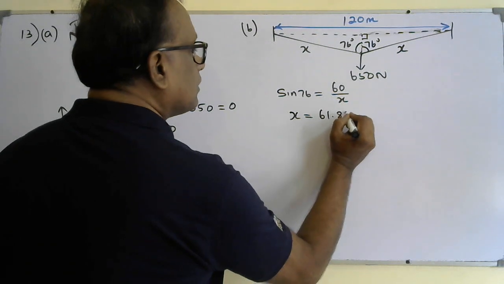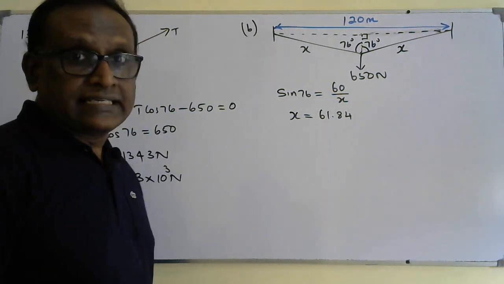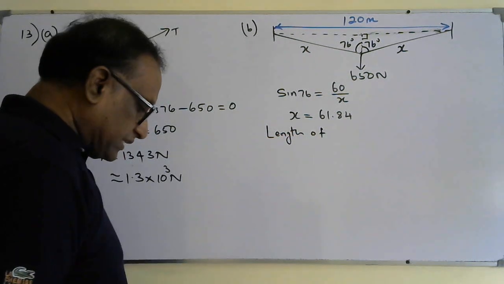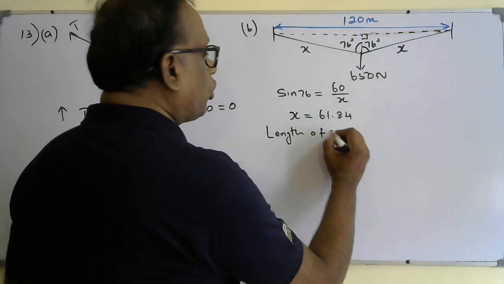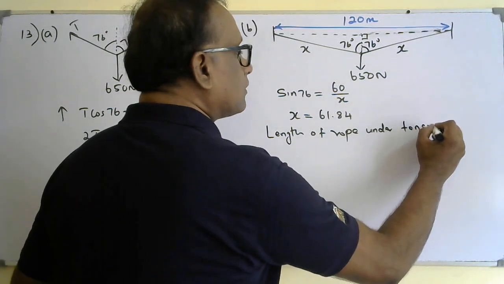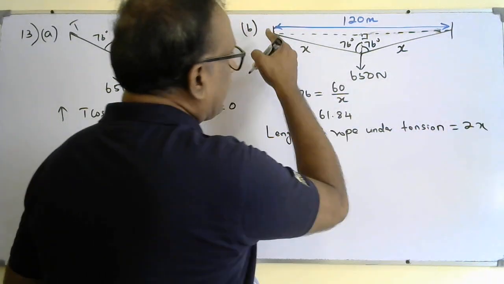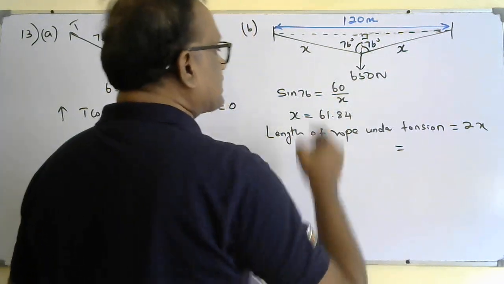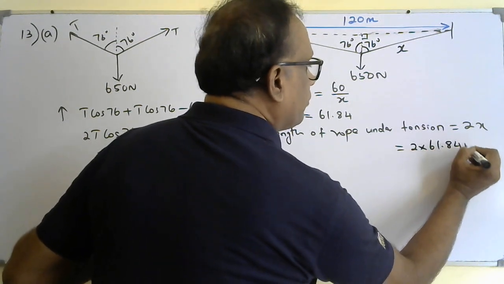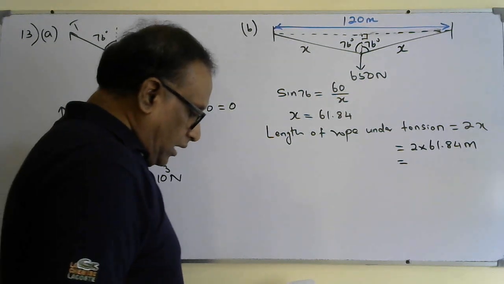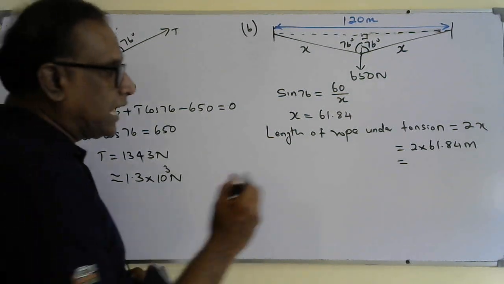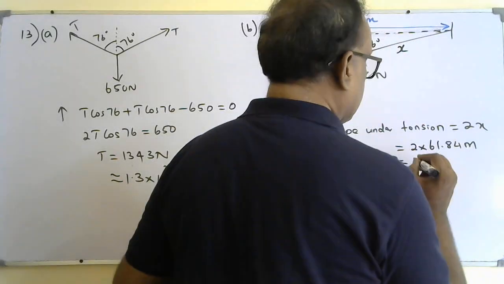x is equal to 61.84. So the length of the rope under tension equals 2x, x plus x, so 2 times 61.84 meters, which will be 123.68.